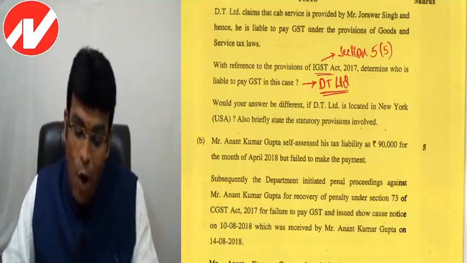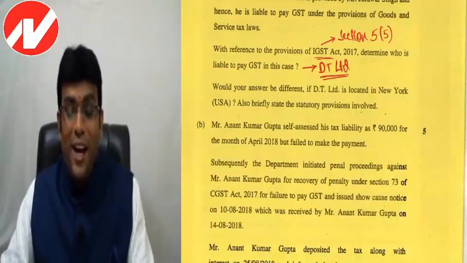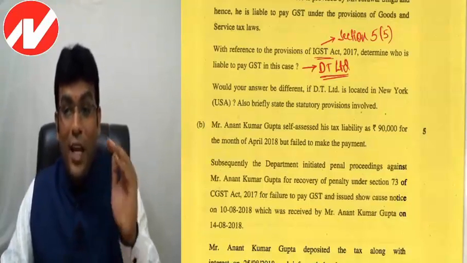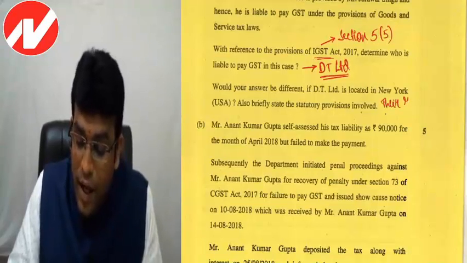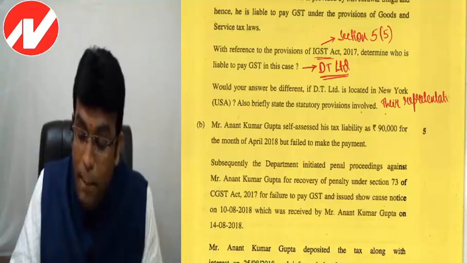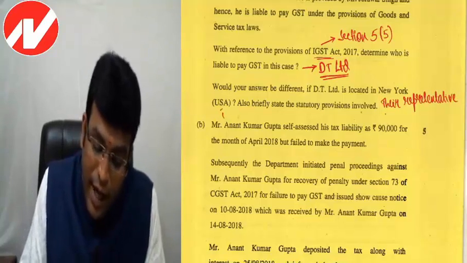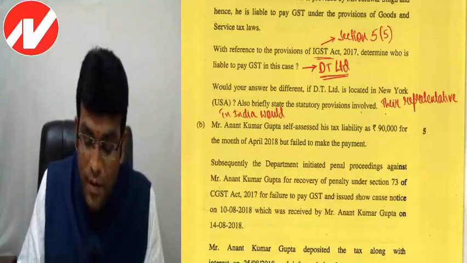And the next line: would your answer be different if DT Limited is in New York? Sir, one line they told is that if the e-commerce operator is located outside India, then their representative in India would be liable.